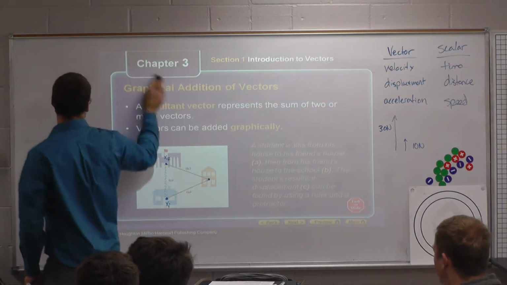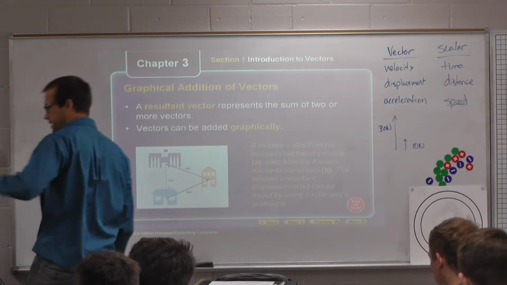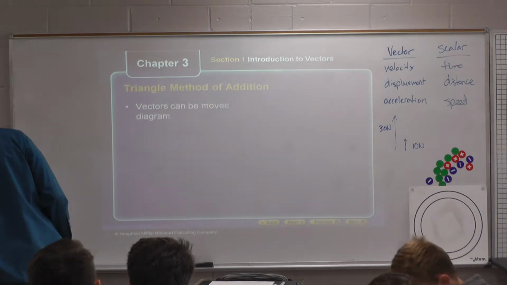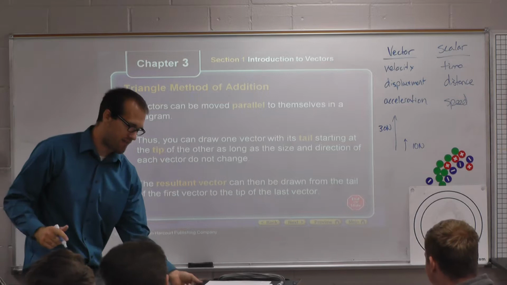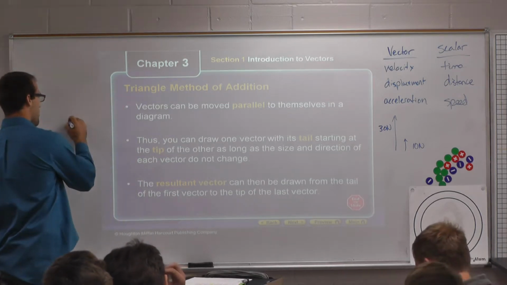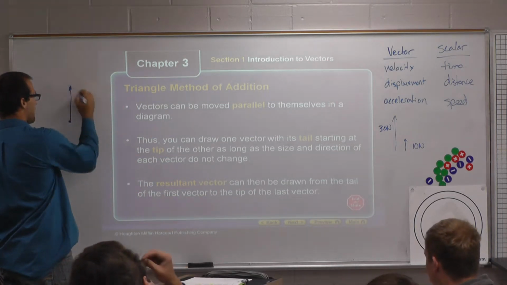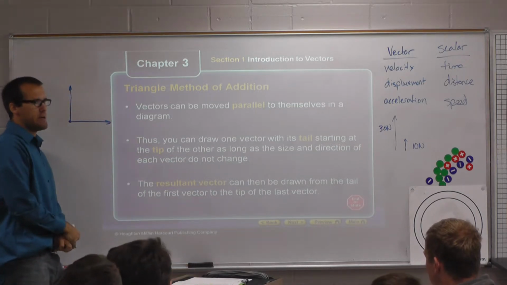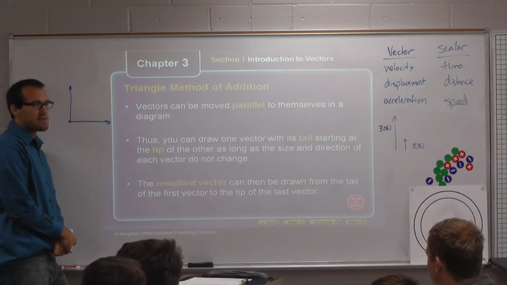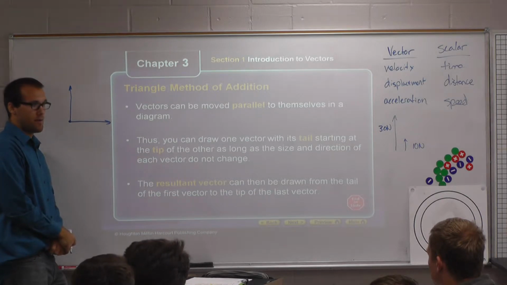So how do we add vectors? There is a correct and a not correct way to add vectors. This is important. Let's say I've got forces. I've got a toy right in the middle, and one kid pulling this way, one kid pulling that way. Just by sheer common sense, what's that toy going to do?